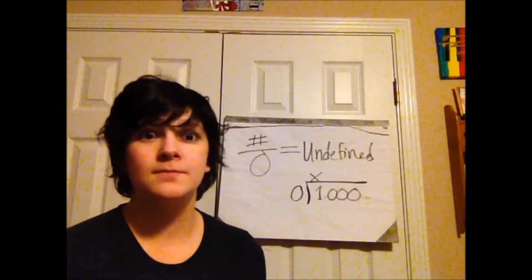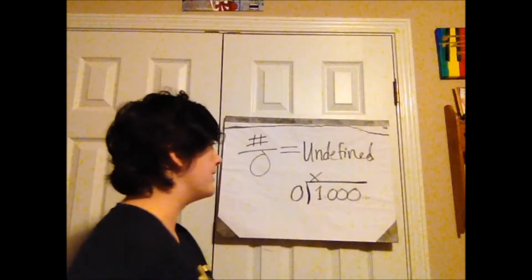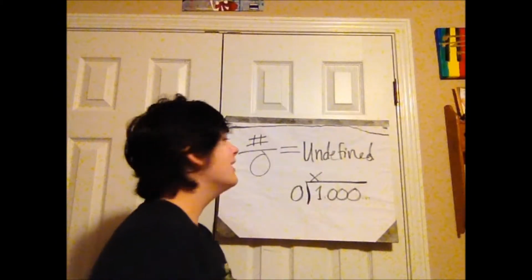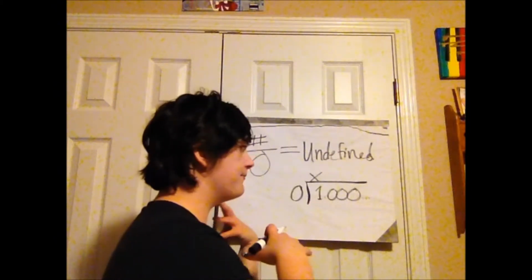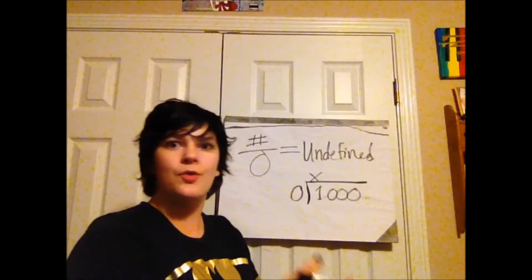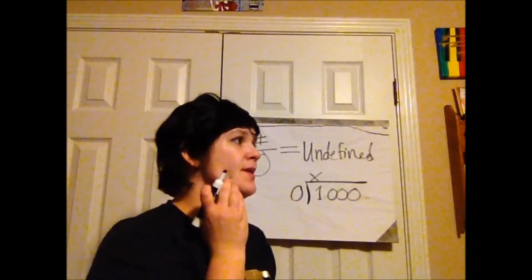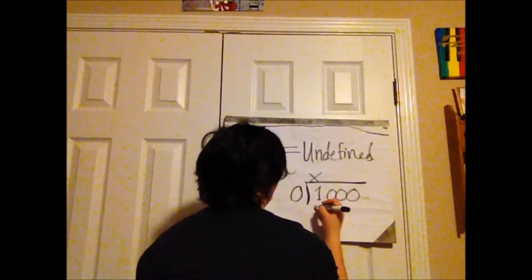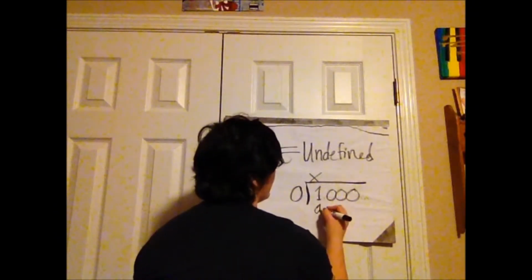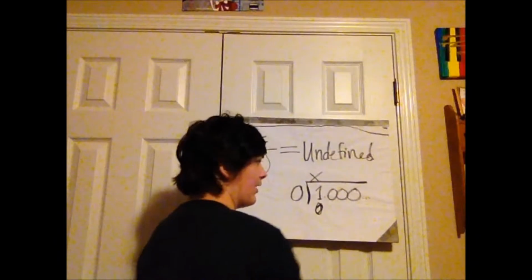It doesn't matter how much you do it, or what the quantity of it is. It can be 100, it can be 1, it just doesn't matter. It'll be 0.